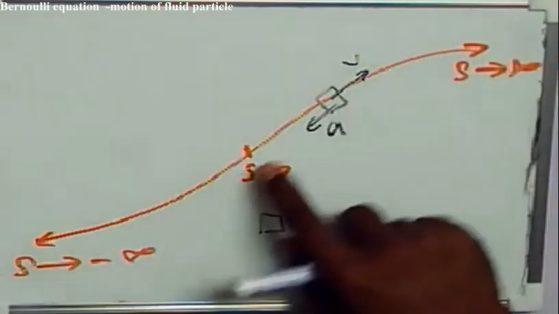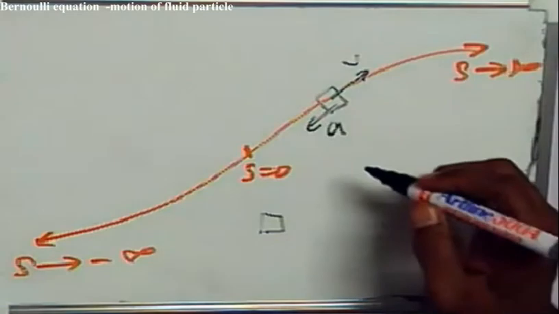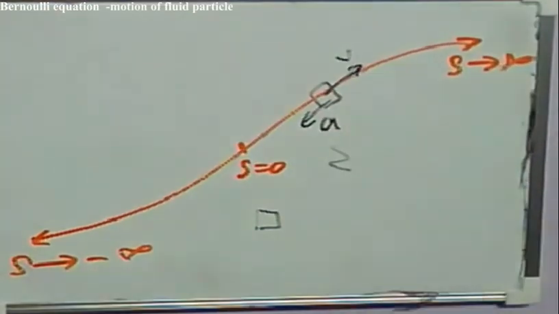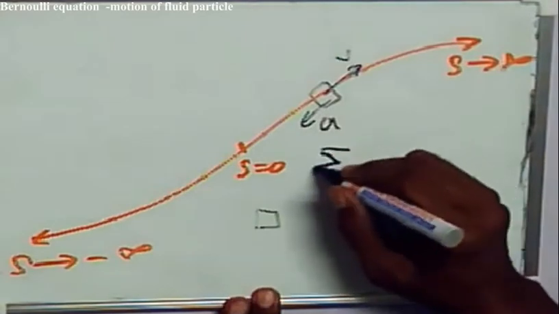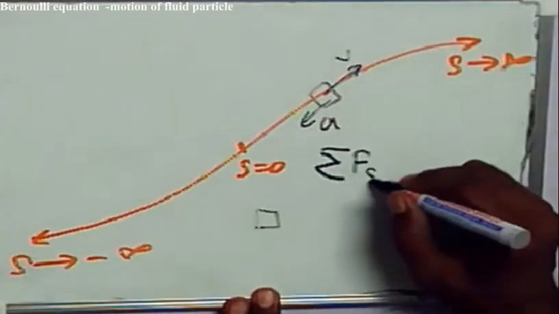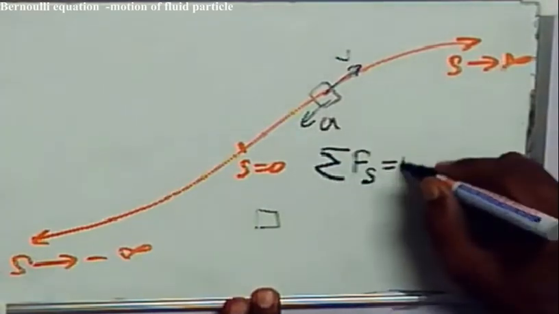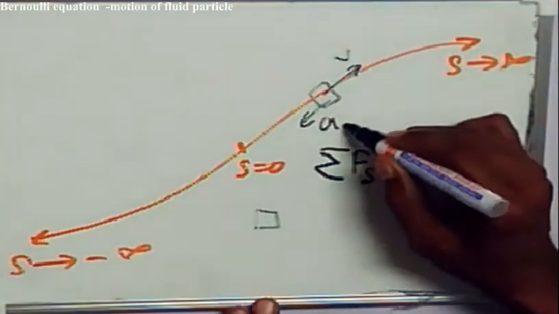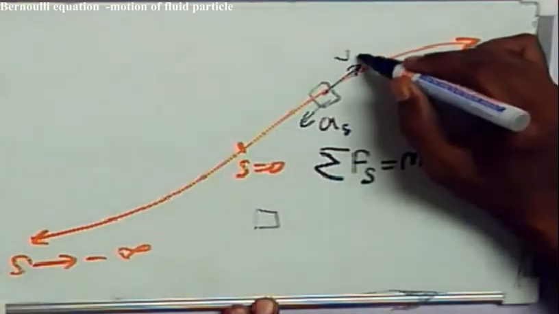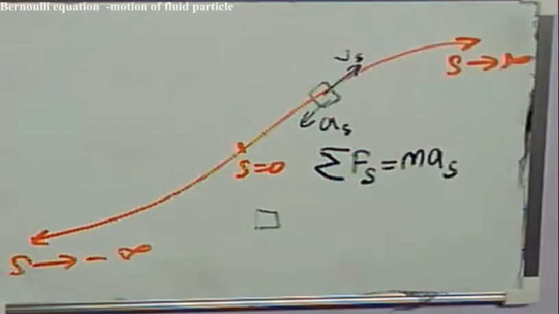And if you want to evaluate Newton's law, this is the way that we write the equation. Summation of all force in the S coordinate system equals m a_s. So this one is a_s, or this one is v_s, right?